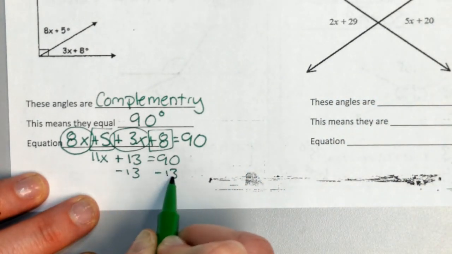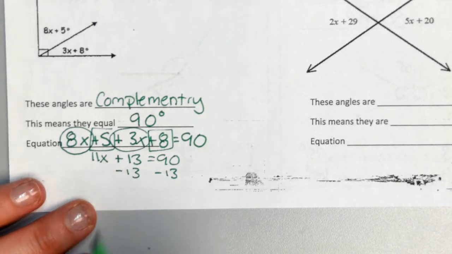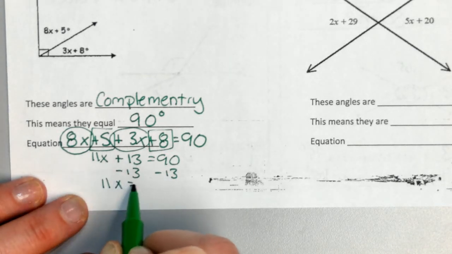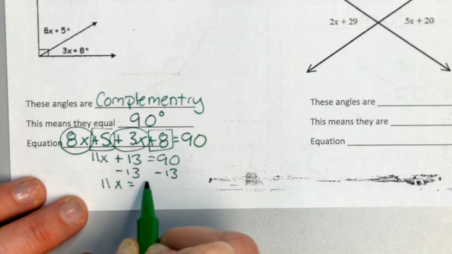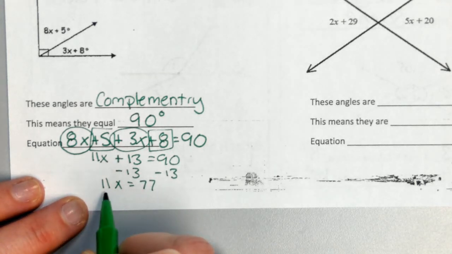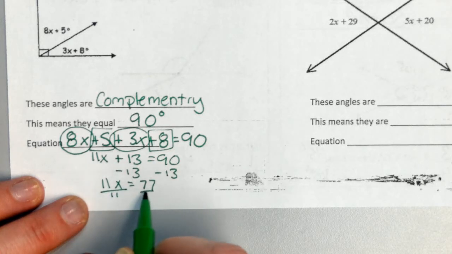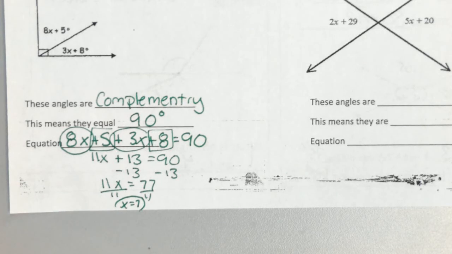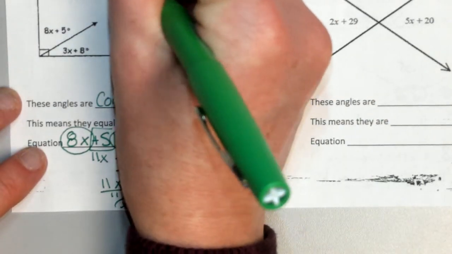Subtract 13 from both sides. 11x equals 77. And divide both sides by 11, so x equals 7.